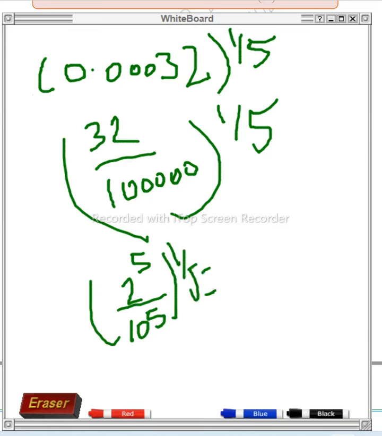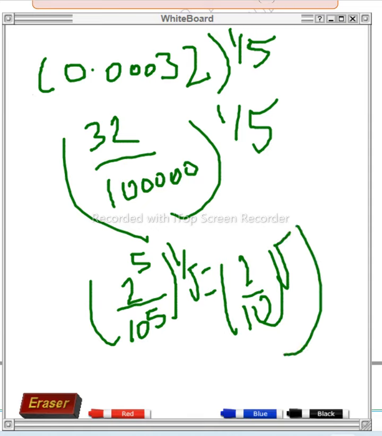We write this as 2 over 10, the whole to the power of 5, because they have the same exponent, and we take the number and use the exponent once, again to the power of 1 over 5.